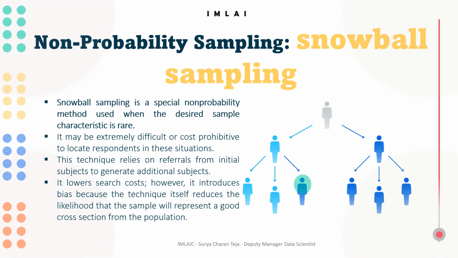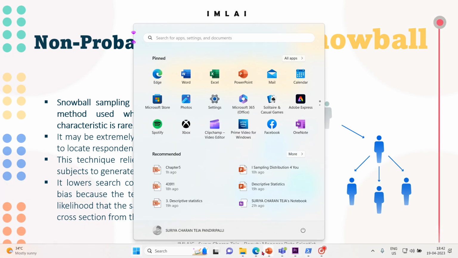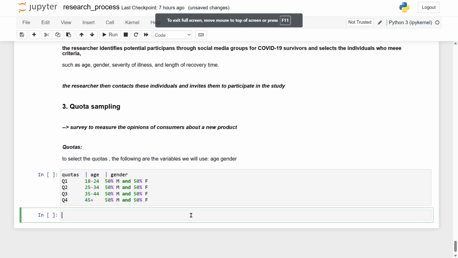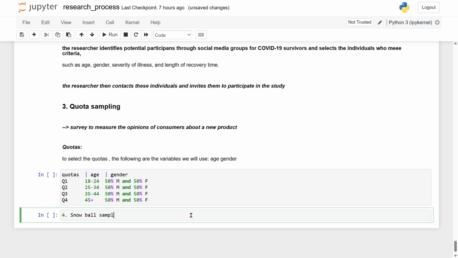So now let's take one small example to understand this one. It's called a snowball because we are throwing the ball. So snowball sampling.